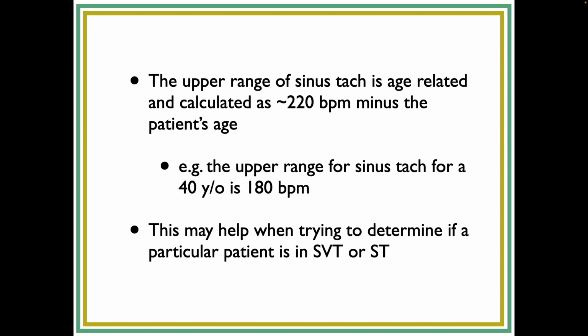But if you're looking at something you think is SVT and the patient is 40 years old and the rate is, let's say, 200, does that make it more likely to be SVT or sinus tach? SVT, because it would be very unlikely for a 40-year-old to get their rate of sinus tach up to 200.